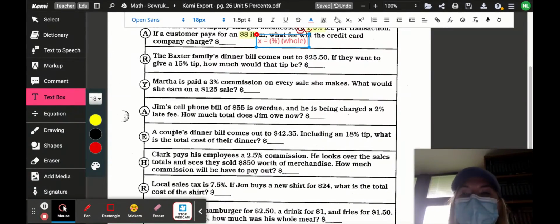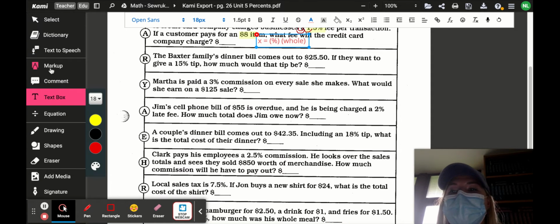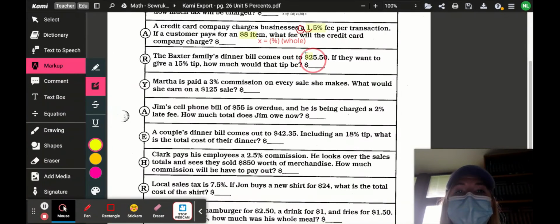The next one, letter R, the Baxter family's dinner bill comes out to $25.50. If they want to give a 15% tip, how much would that tip be? Remember, you're paying for 100% of your dinner. You're paying $25.50. That's 100% of the bill.